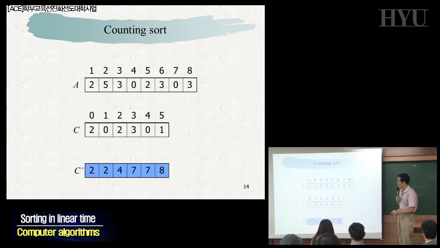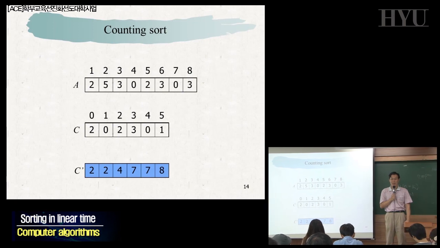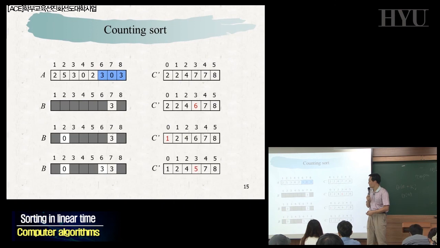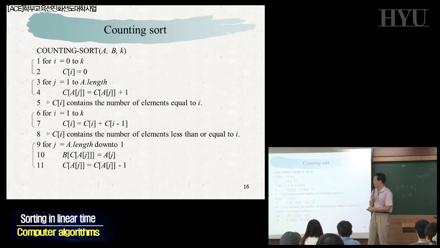And then 4 is added to 3, 7 is added to 0. So C prime array can be stored in the C array without any errors. So this is it.